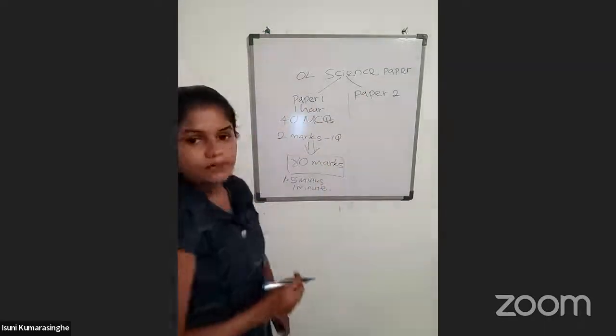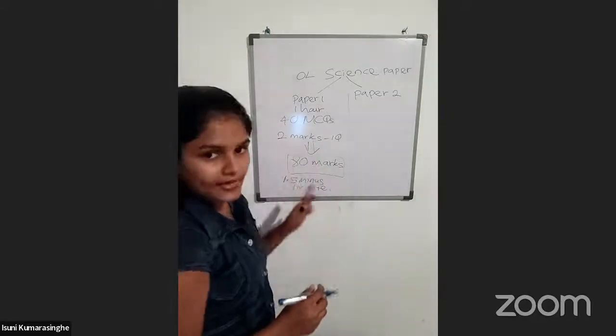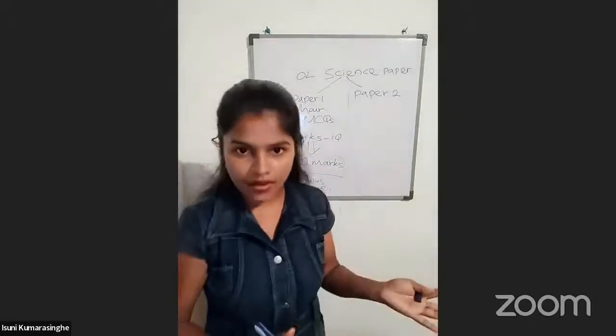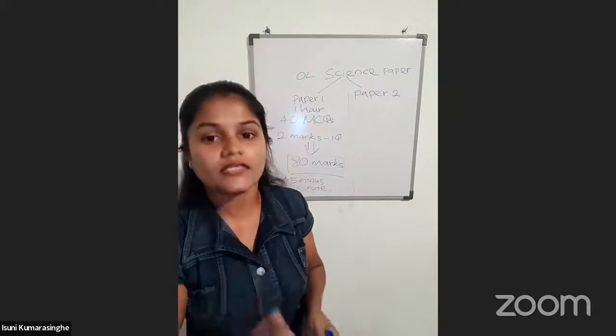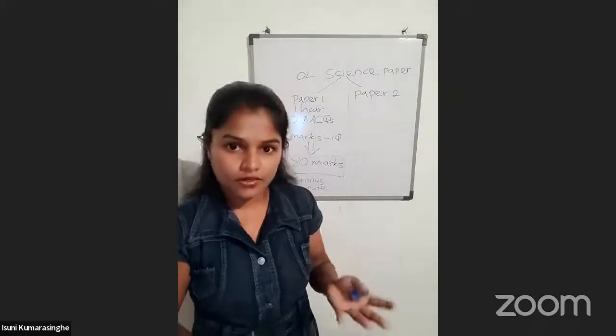When you talk about paper 1, you can get 1 mark out of 100 for each correct question.